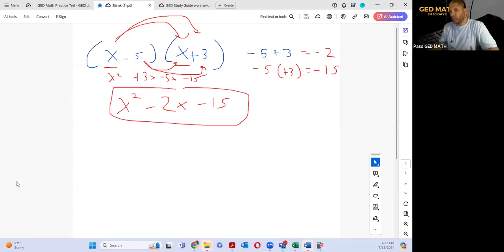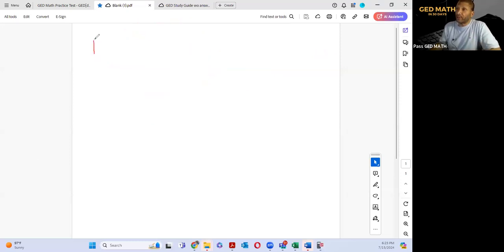Now, this is what you can probably expect on the GED, a question like this. It's going to say factor. Let me make a problem up real quick. So it says factor 2x squared minus 3x minus 20.